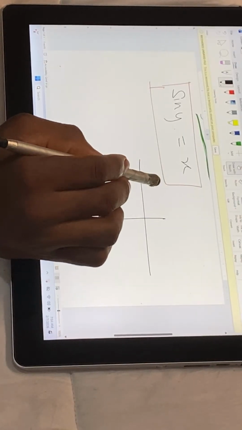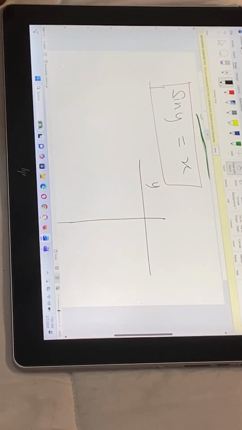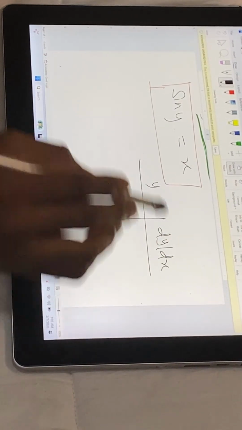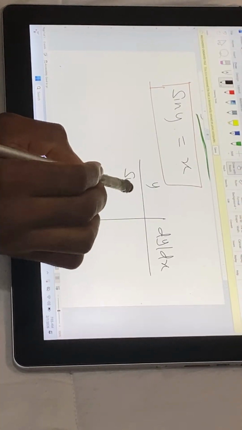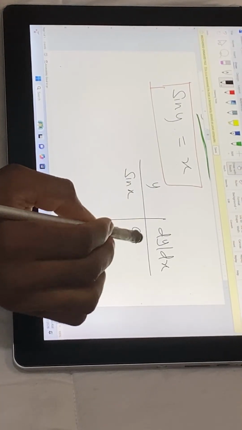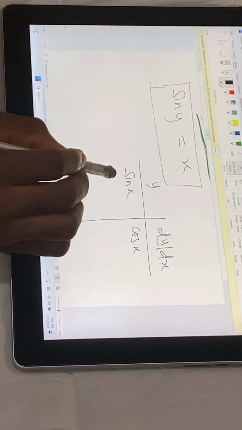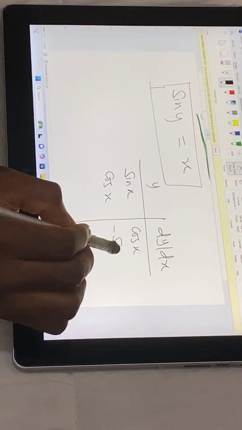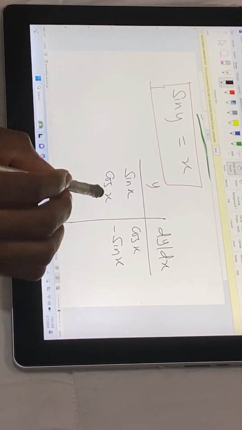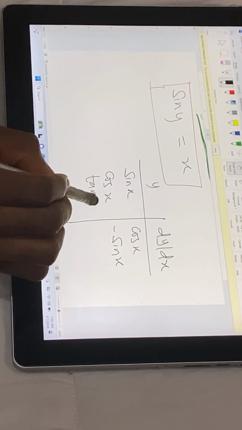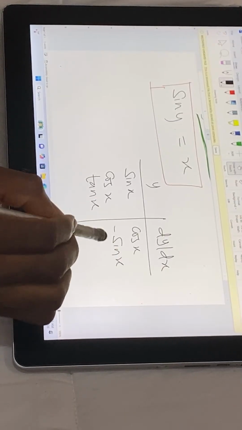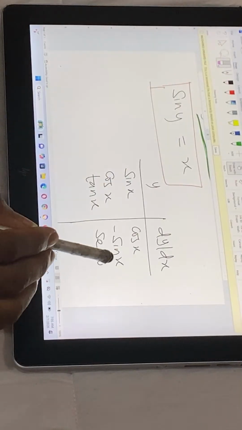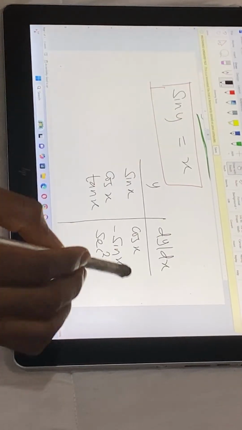If you have y as an equation, the derivative of it is as follows. If I have sine s, the derivative will be cos s. If I have cos s, the derivative will be minus sine s. If I have tan s, the derivative will be sec square s.